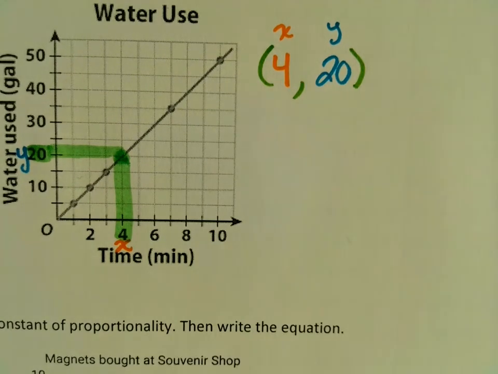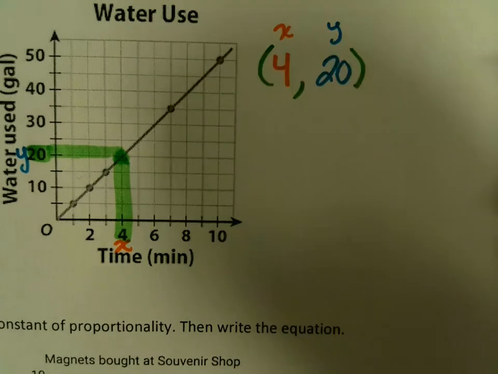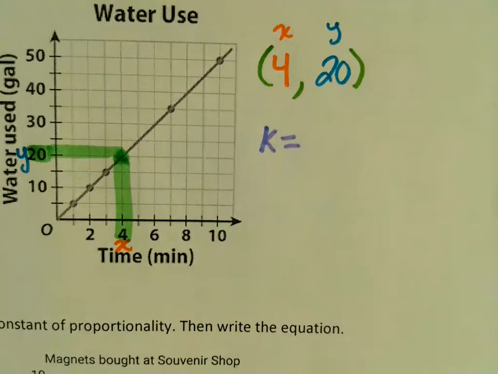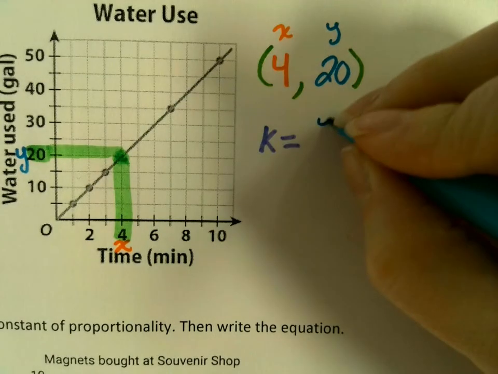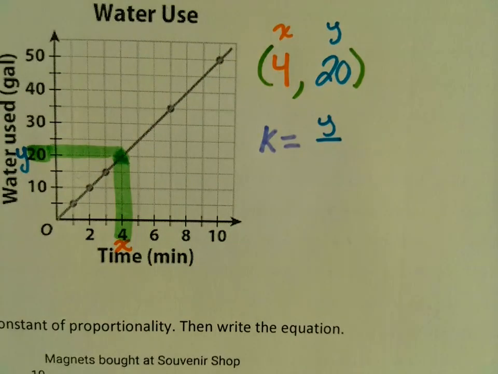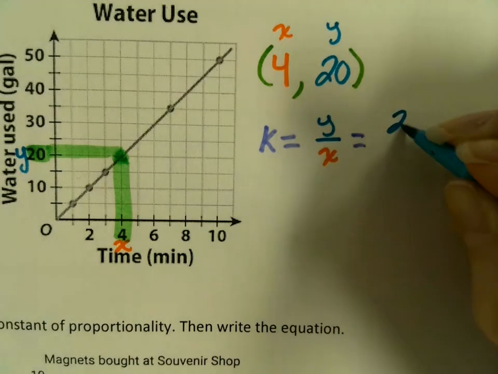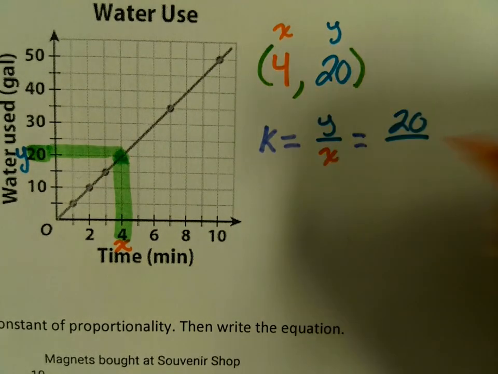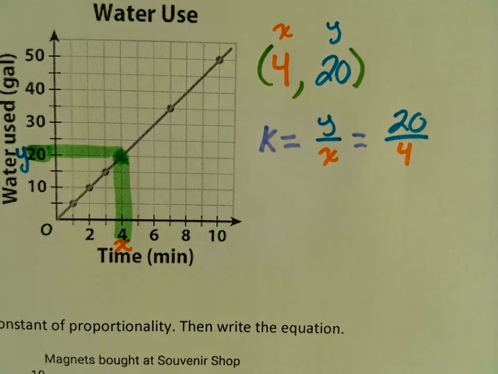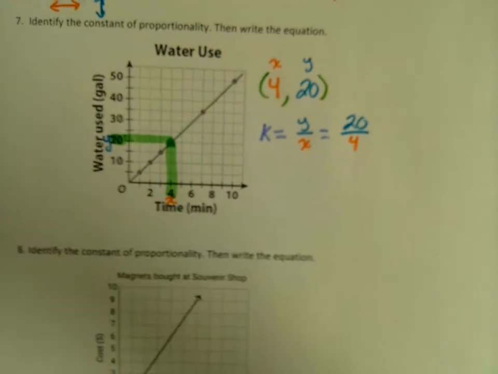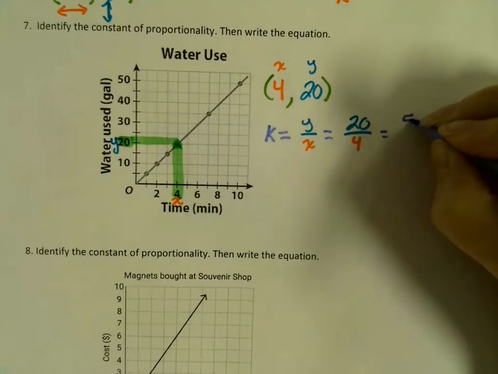Now I'm going to write it as a value of k. And k can be written as y over x. So I'm going to write this as 20 over 4. 20 over 4 can simplify to 5 over 1.